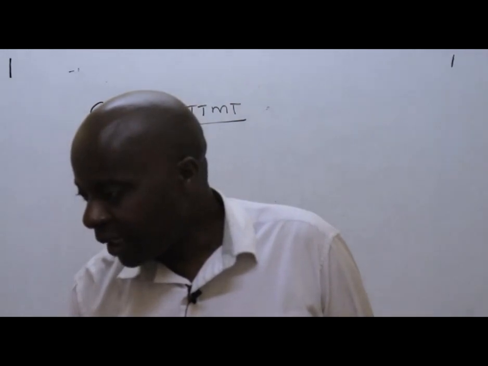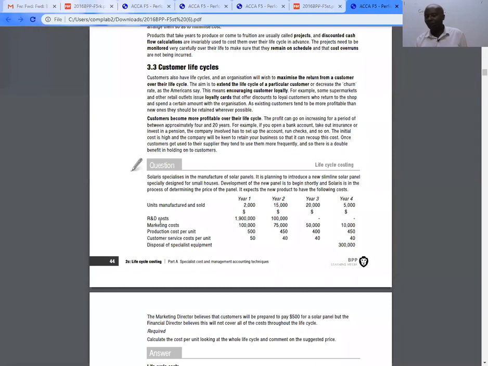the first thing that I will pick from my question is this: research and development costs. They have not made any mention to do with per unit. So for research and development cost, I'll add 1.9 million plus 100,000. I'm basically looking at the research and development cost incurred for the entire life cycle, which is 4 years.